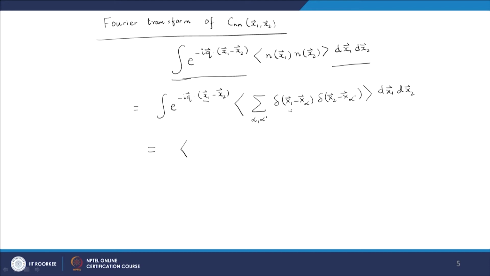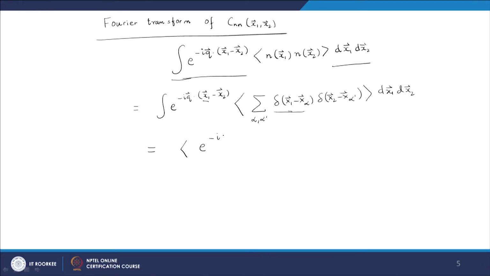So, only case where the delta function will have a finite value is when x1 is equal to x alpha. So, we can remove the integration and simply put x1 equal to x alpha. So, the first term will be similarly for the second term, if I integrate over dx2, it will only be finite for x2 equal to x alpha prime.